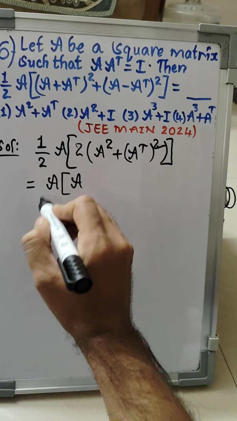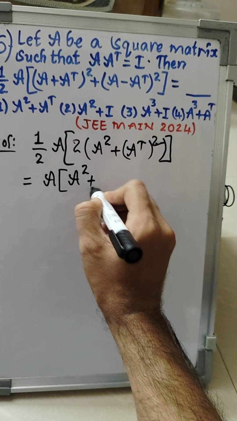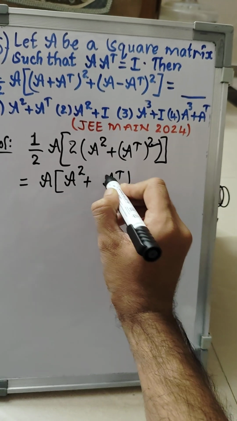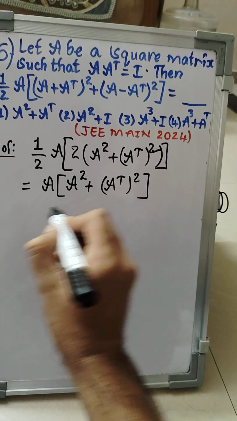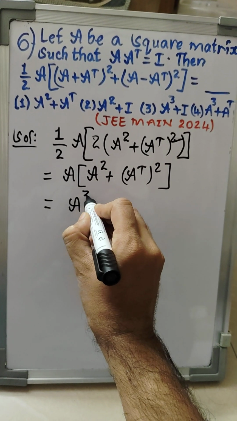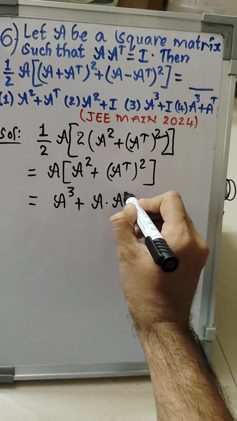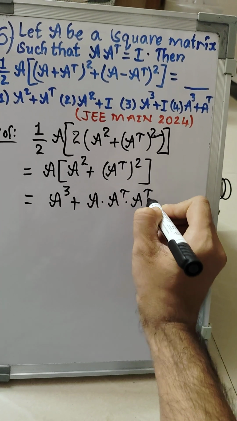So A into (A square plus A transpose whole square) can be written as A into A square becomes A cube, plus A into (A transpose) whole square can be written as A transpose into A transpose.